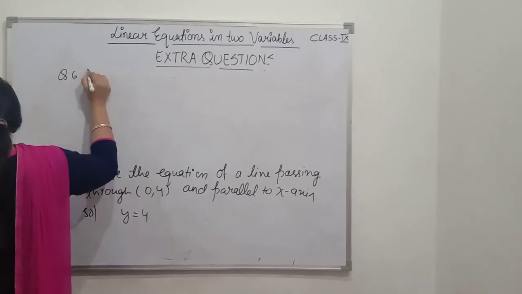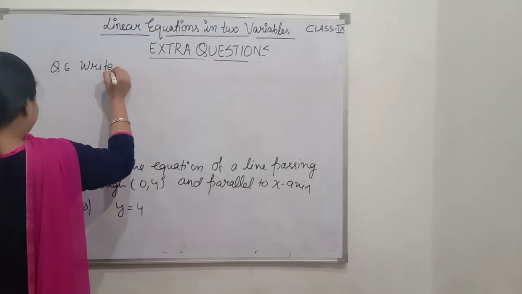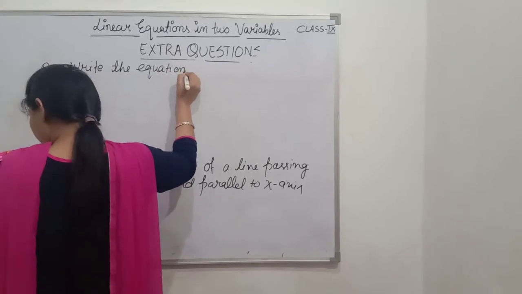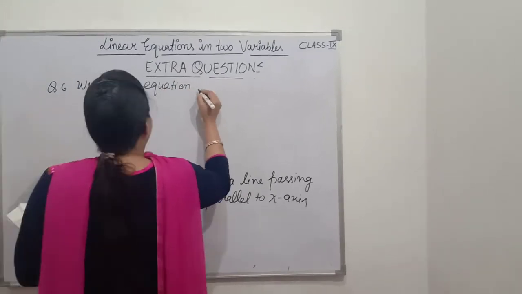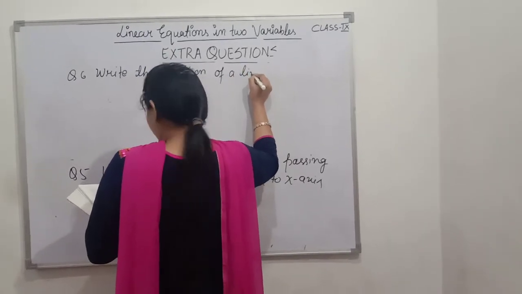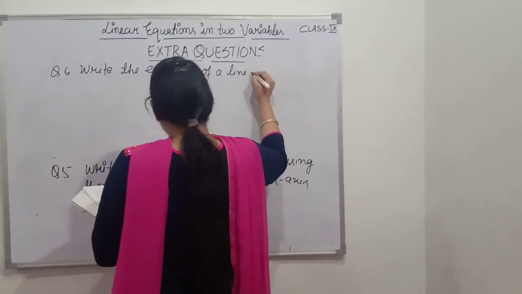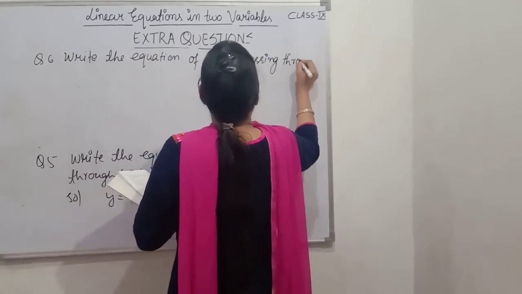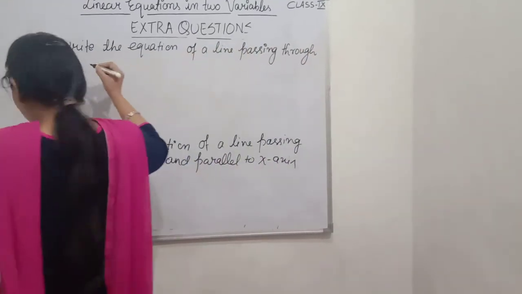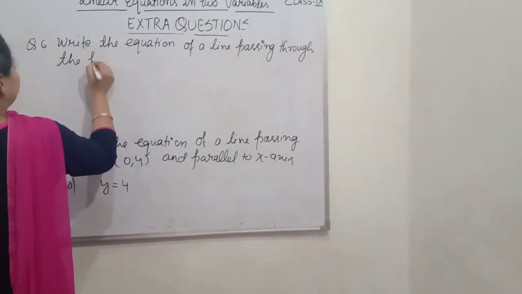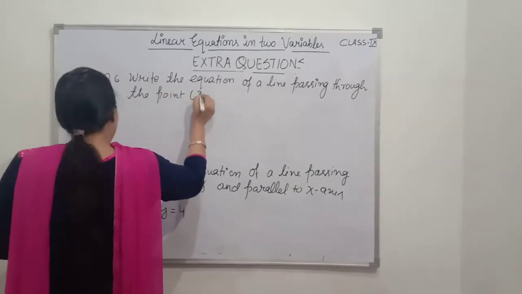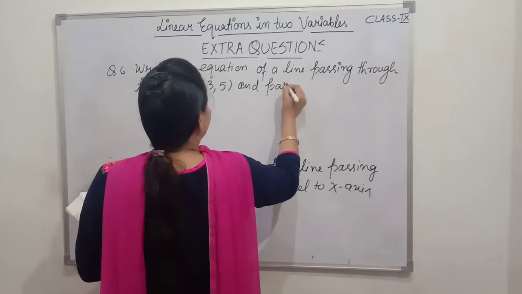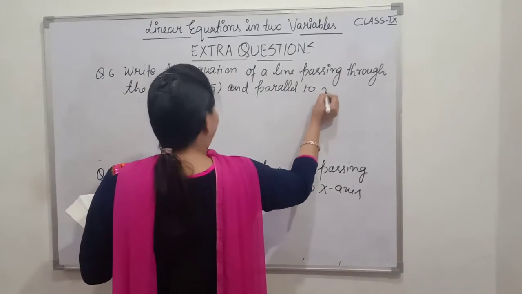Question number 6 is, write the equation of a line passing through the point (3, 5) and parallel to x-axis.